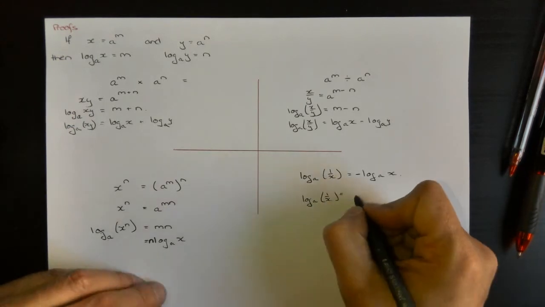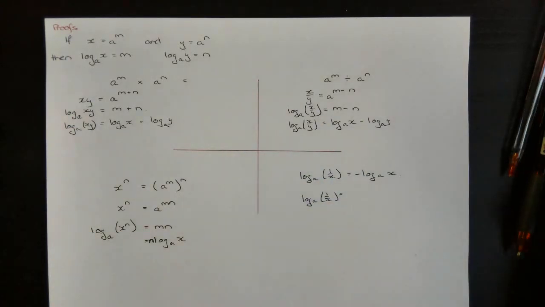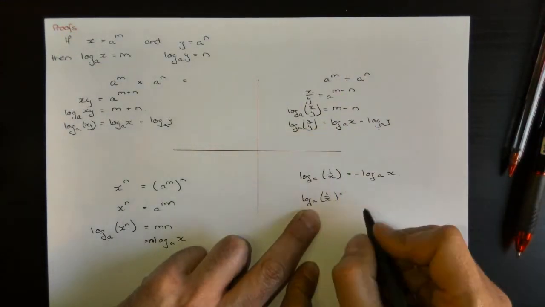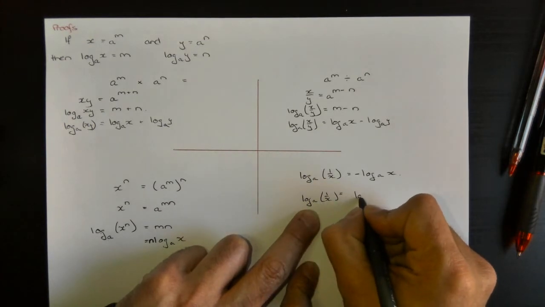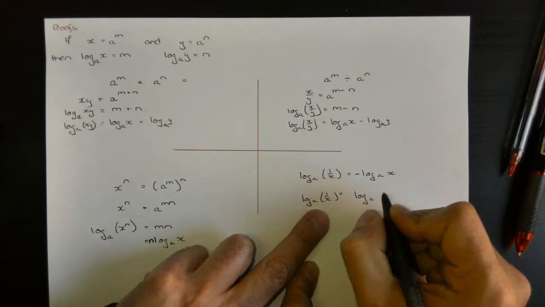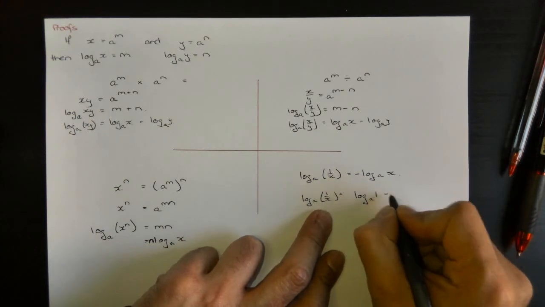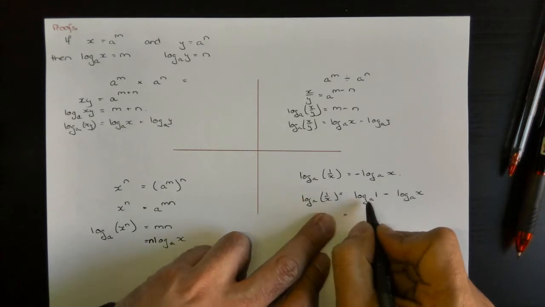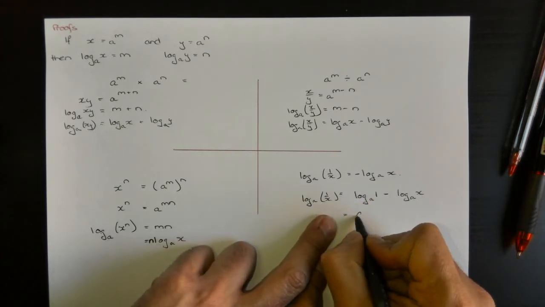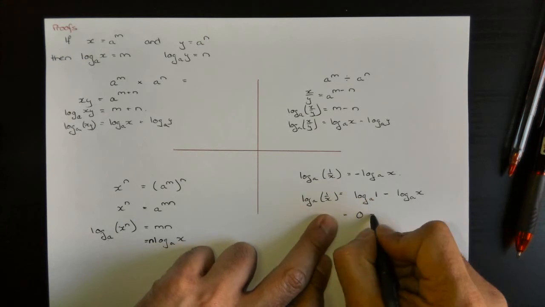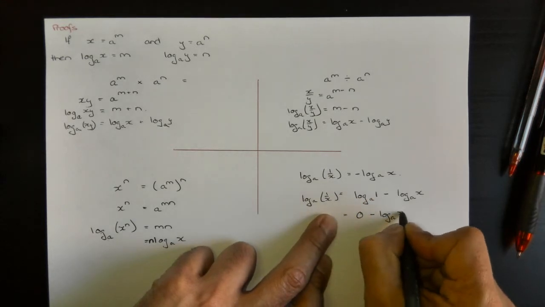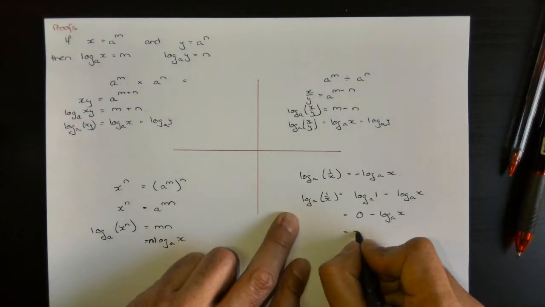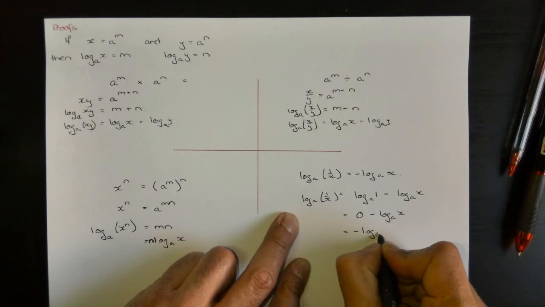Using this property, that's going to be the same as log a of 1 minus log a of x. Well, log a of 1 is 0, because a to the power of 0 equals 1, minus log a of x. So log a of 1 over x is equal to negative log a of x.